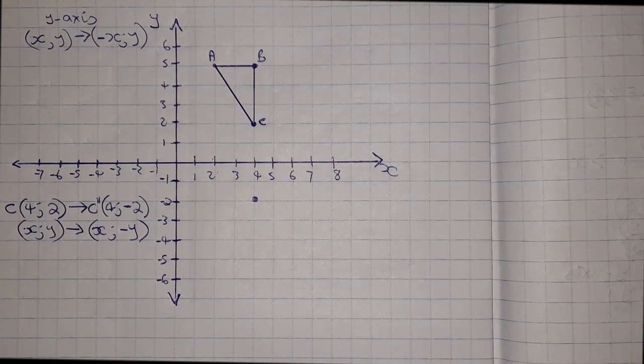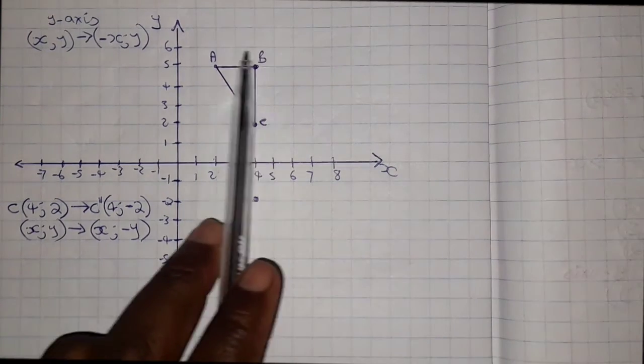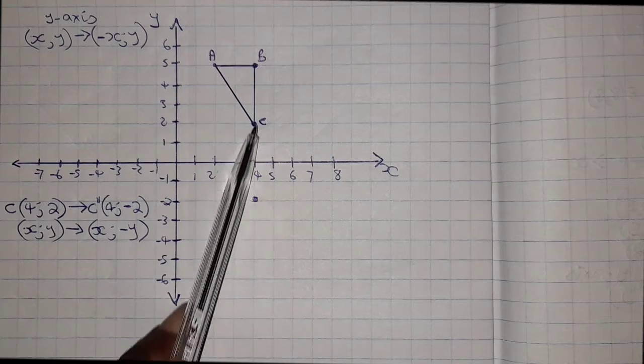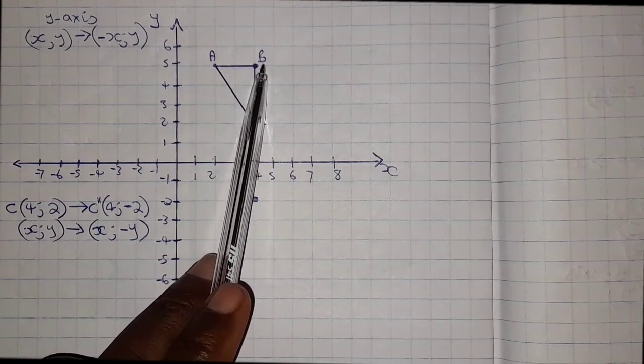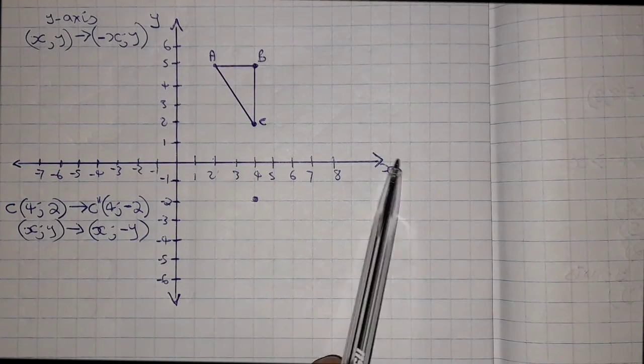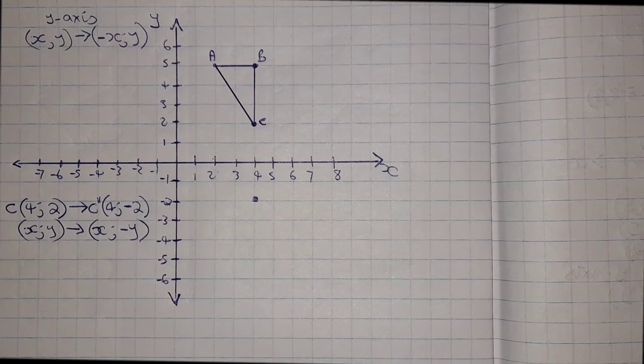Now you can pause the video and reflect 1, 2, 3 points. Okay, we've already done C. Reflect point B and point A along the x-axis and draw the triangle to see if you'll be able to do it.